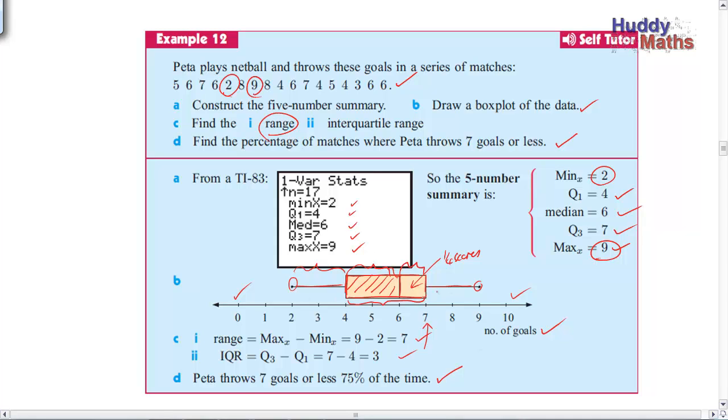So just remember, the shape of the box here doesn't refer to the quarters, etc. What it refers to is how well spread the quarter of all scores there were over that range of values. Okay. All right, so come down and let's have a look.